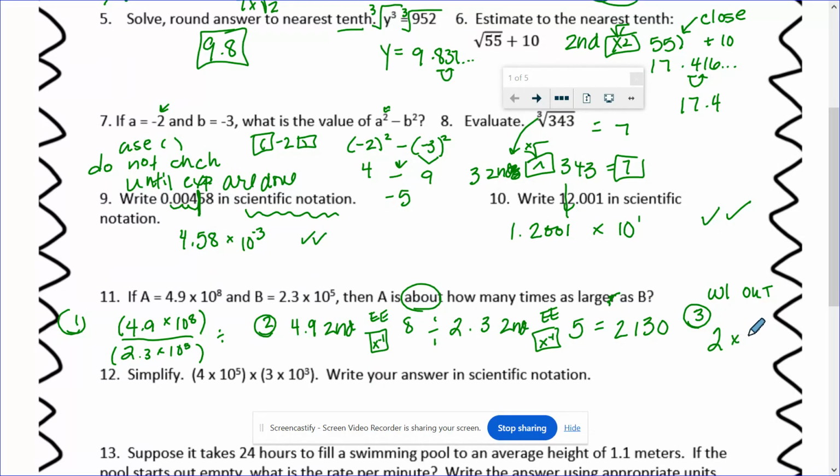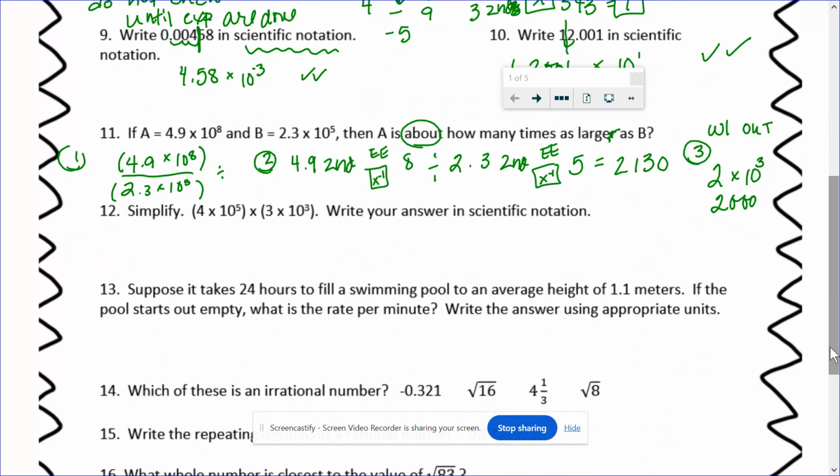And since we are dividing, we subtract our exponents. We keep the base, subtract our exponents. So you could possibly see 2,000 as the answer instead of 2,130. They are both about how many times larger. So it depends on how or where the question was.